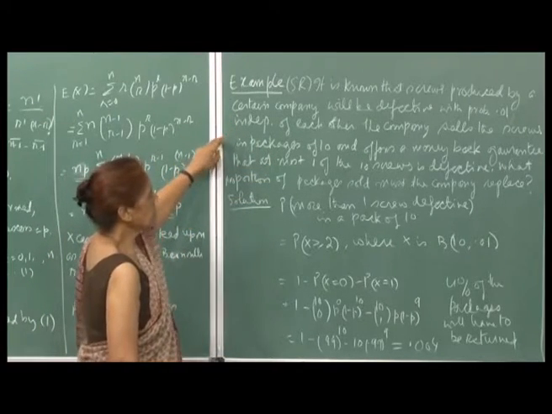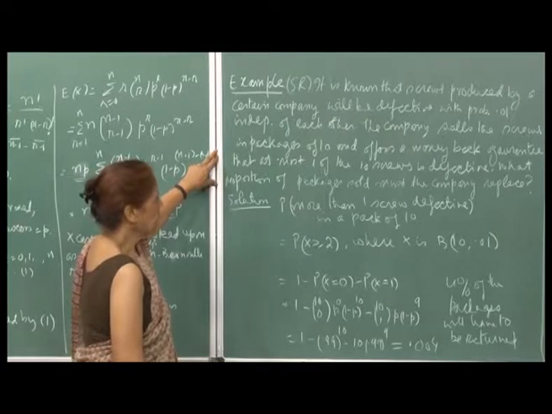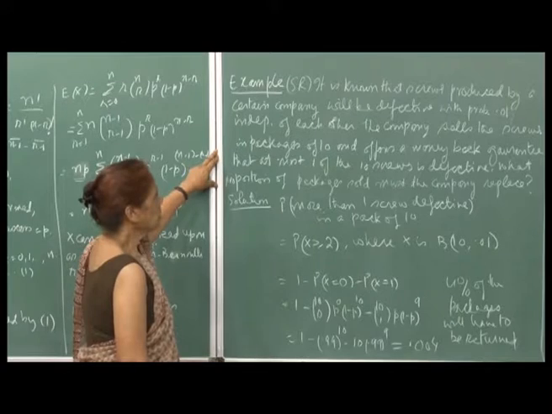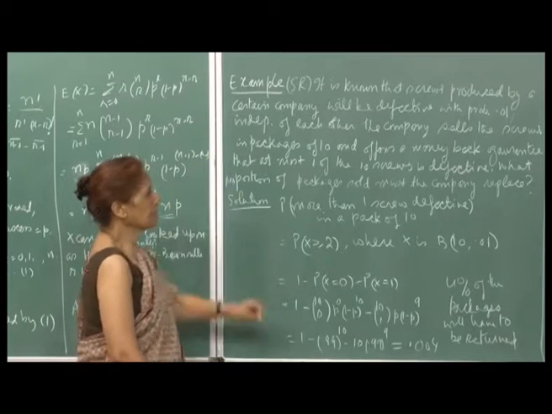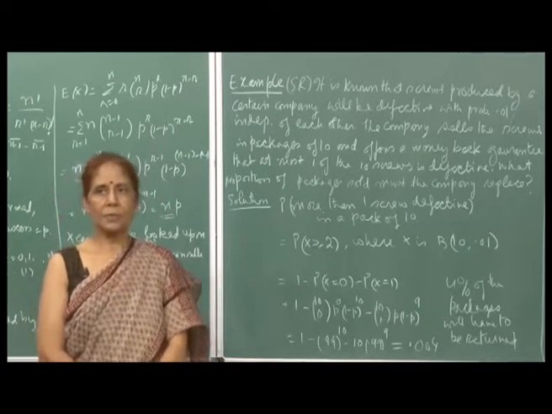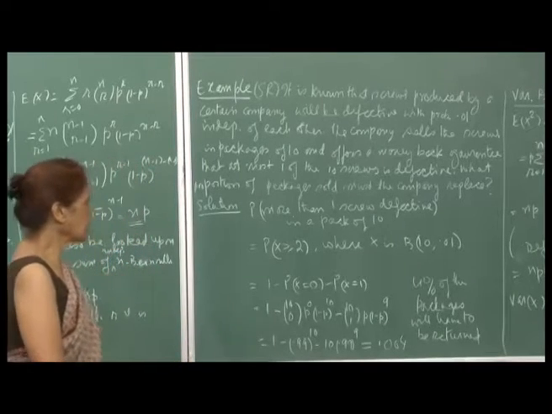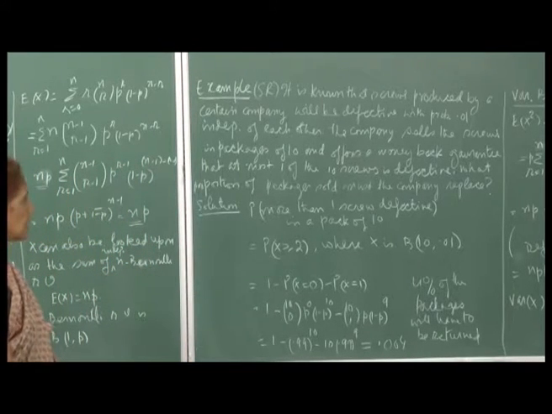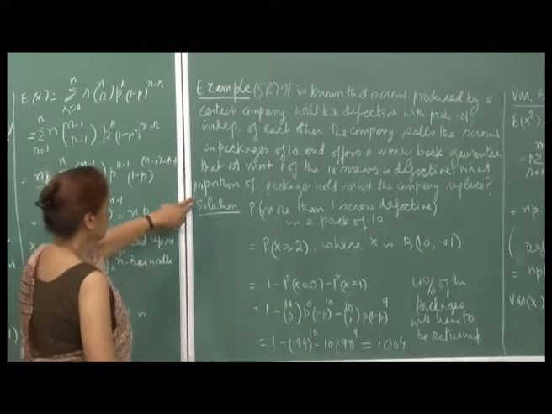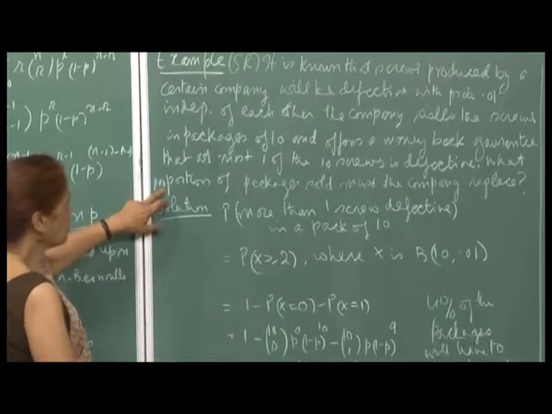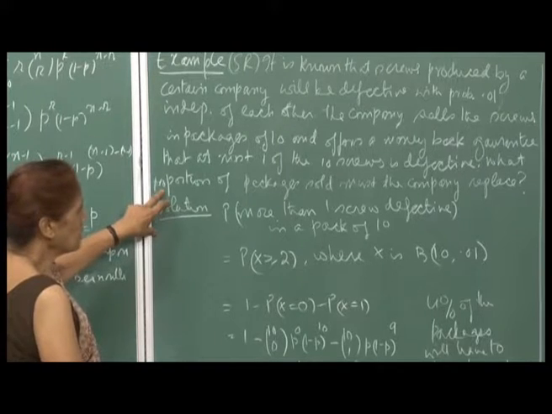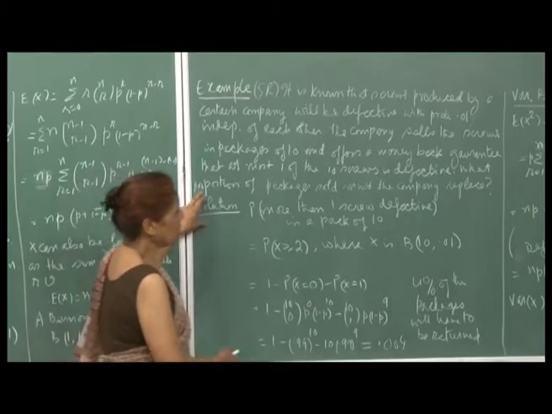The company sells these screws in packages of 10 and offers a money back guarantee that at most one of the 10 screws is defective. That means, if more than one screw is defective in a package of 10, the company will take back the package and refund the money. So, the question is what proportion of packages sold must the company replace.